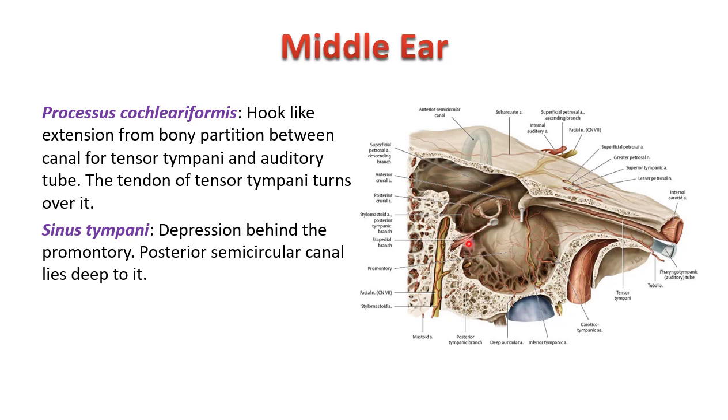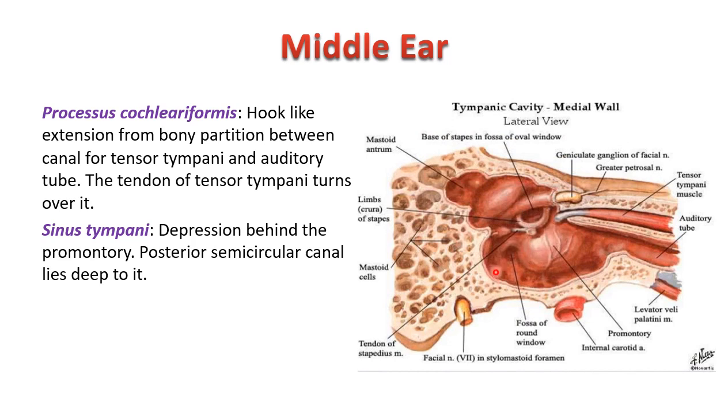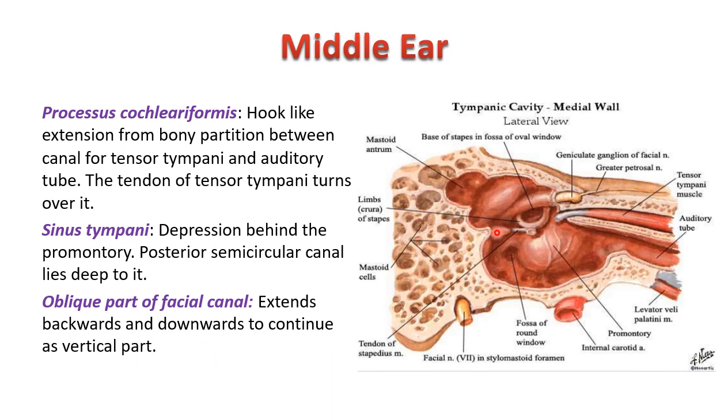In the same way the posterior semicircular canal forms an impression behind, which is called the sinus tympani. And what else you come across is the oblique part of the facial canal, which extends backwards and downwards and is continuous with the vertical part seen on the posterior wall of the middle ear cavity.